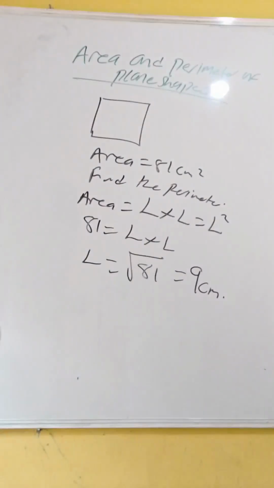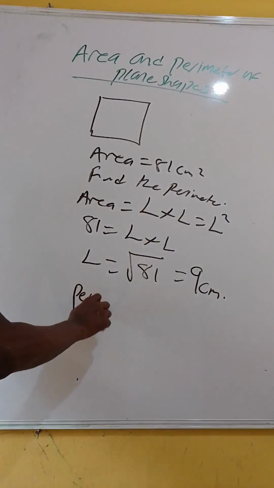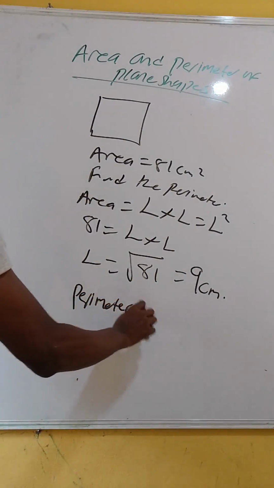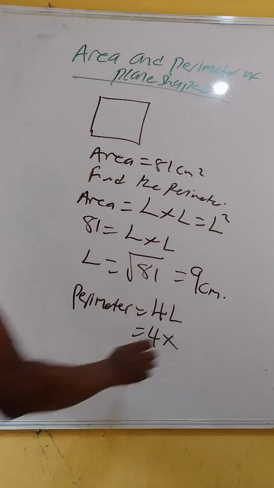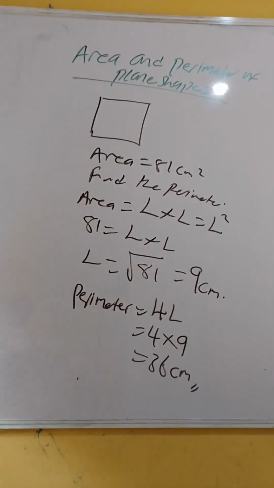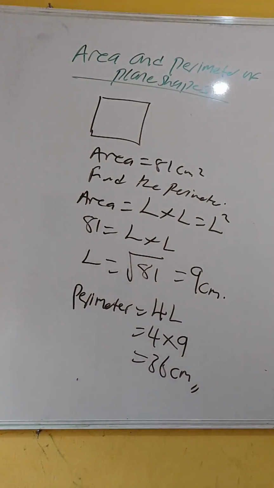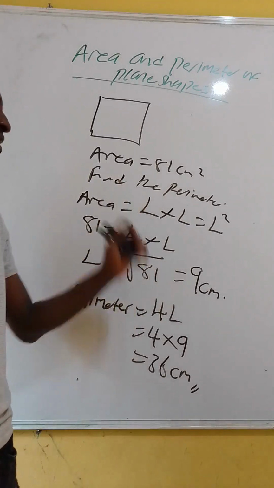Then what is the perimeter? Perimeter is 4L. So 4 times 9 will give us 36 centimeters. So you are supposed to get the length, and from that you are going to get your perimeter, if you are given the area.